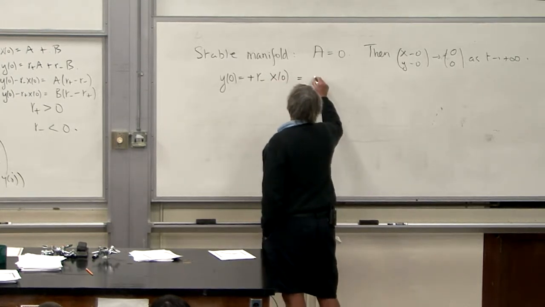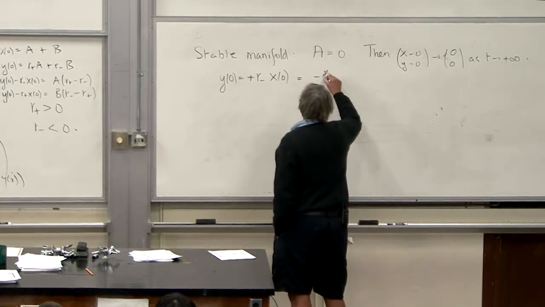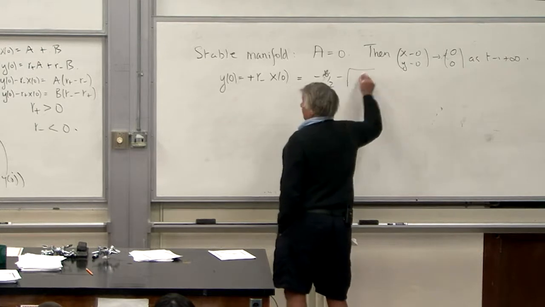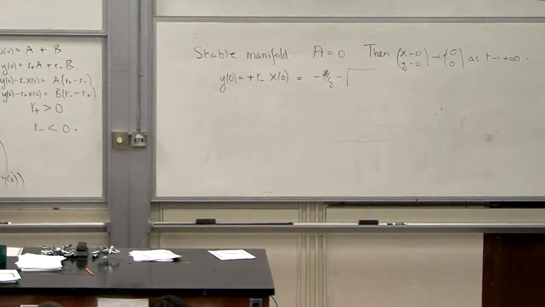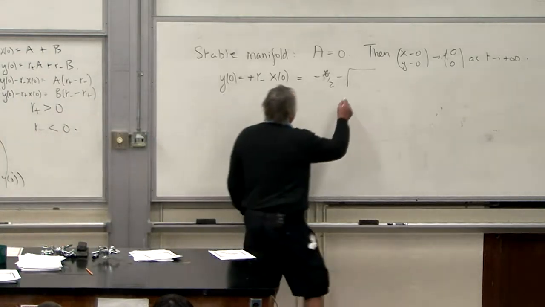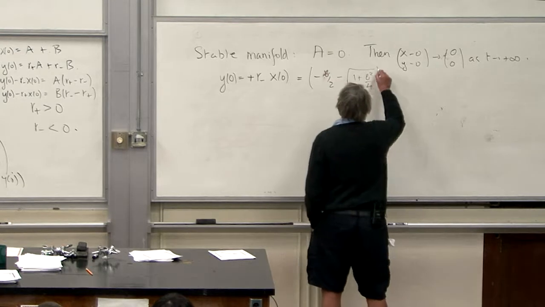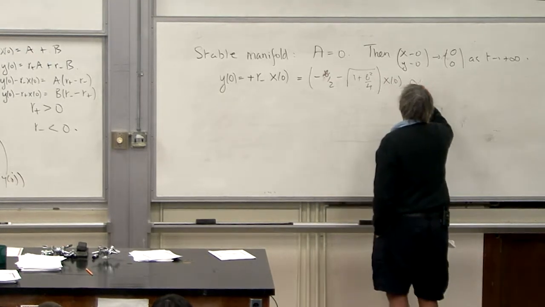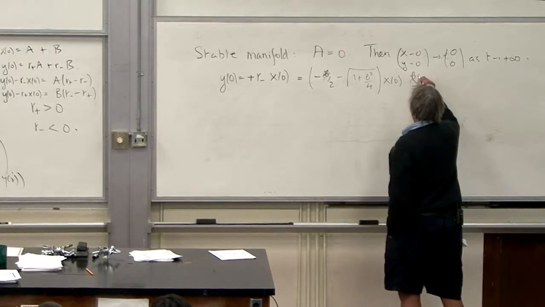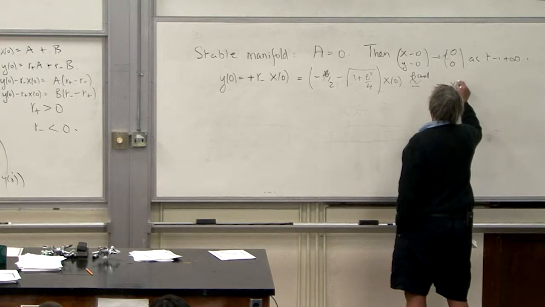Now this is just minus b over 2, did I write p over here? No, b, yeah. Minus b over 2 minus the square root of 1 plus b squared over 4 times x of 0. And that's approximately, for b small, equal to minus x of 0.